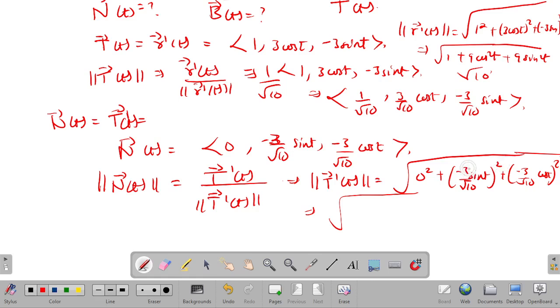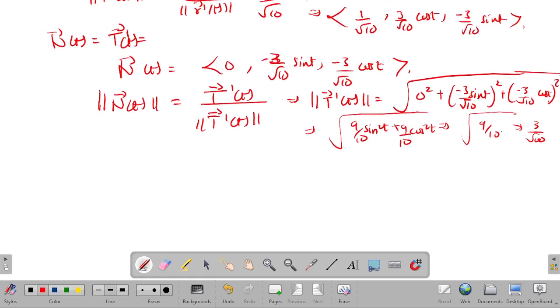When you square it, you get 9 over 10 sine squared t plus 9 over 10 cos squared t. Because sine squared and cos squared give us 1, when you factor 9 over 10 out, you simply get the square root of 9 over 10, which is 3 over root 10, or 3 root 10 over 10. So therefore, what is our normal vector?